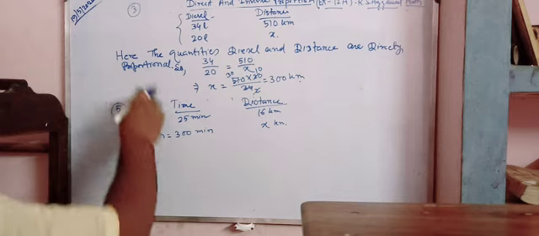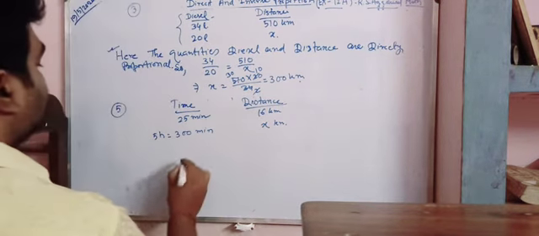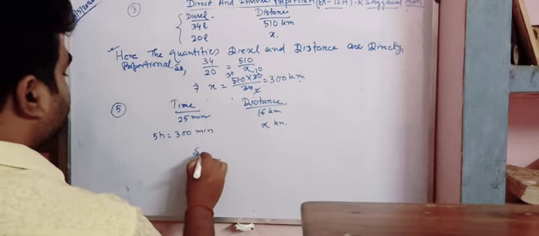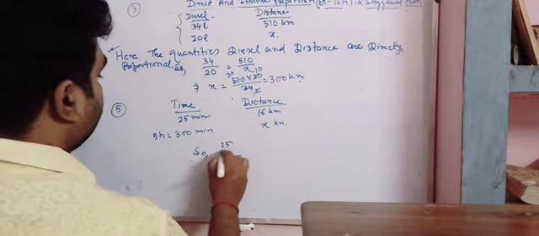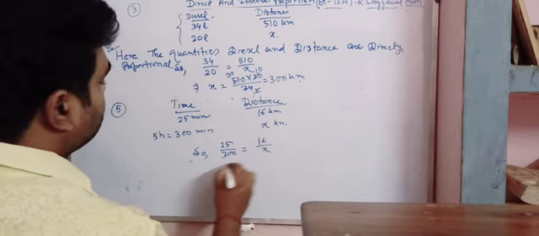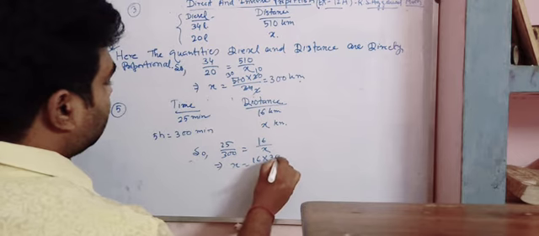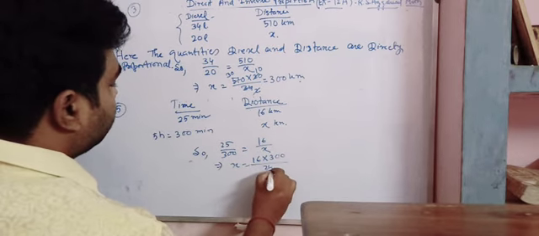So we write like this from here. My resultant calculation is 25 by 300 equal to 16 by x. So my x is equal to 16 into 300 by 25.